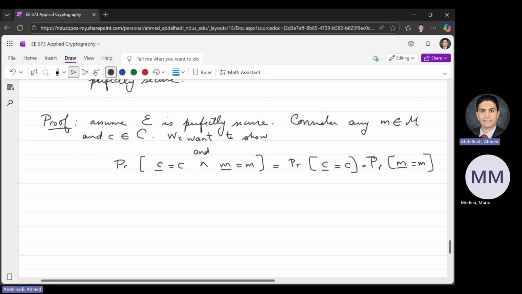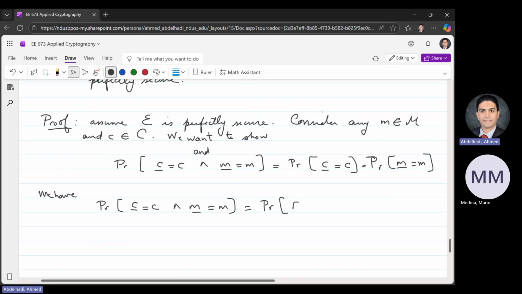So what we have is the following. We start with the left-hand side: the probability that C is equal to c and M is equal to m is equal to the probability that, what is the random variable C?